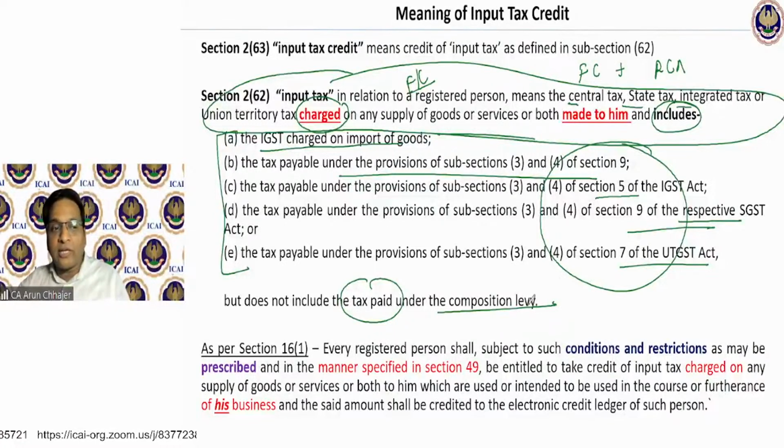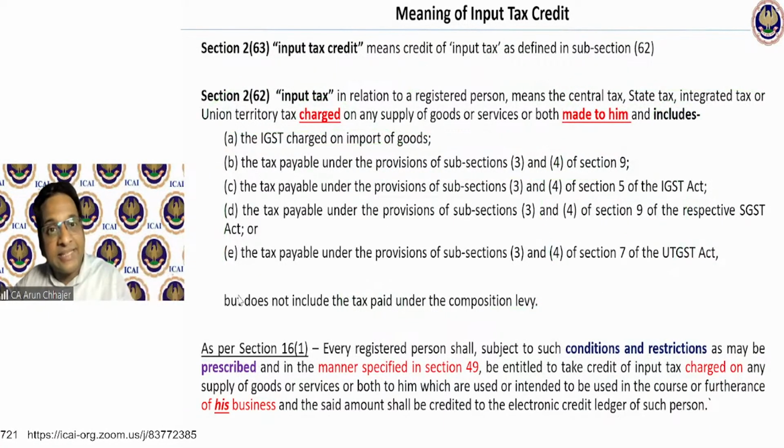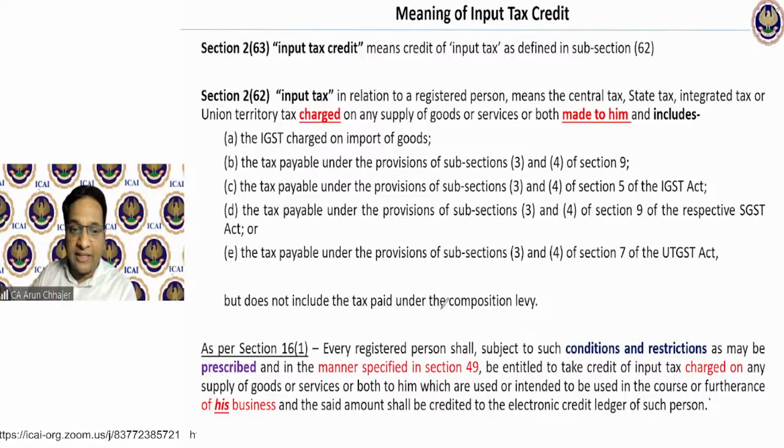Now we are moving to the important part, the ITC basic requirement: it should be in the course or furtherance of business. I can take the ITC if it is in relation to my business. Where it is written, if you read the language, every registered person. It means if you are unregistered, can you take the ITC?